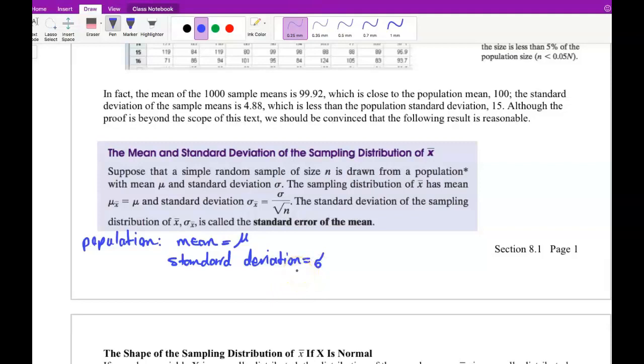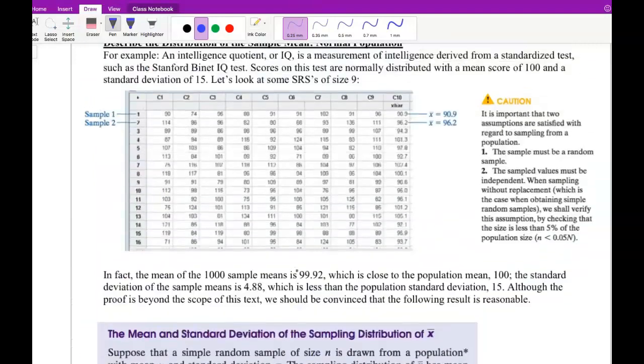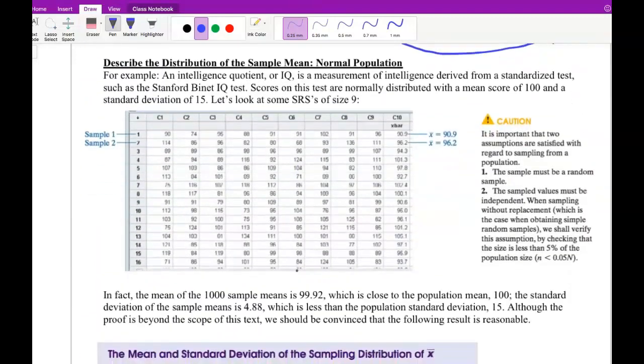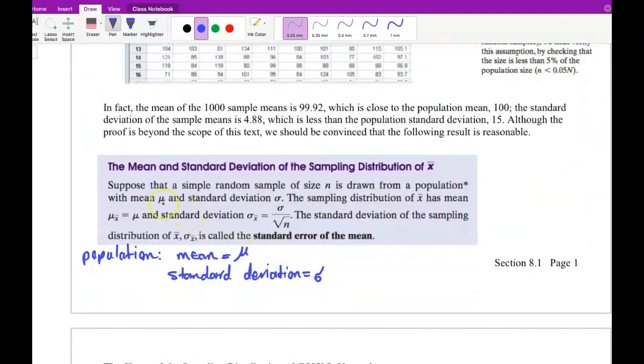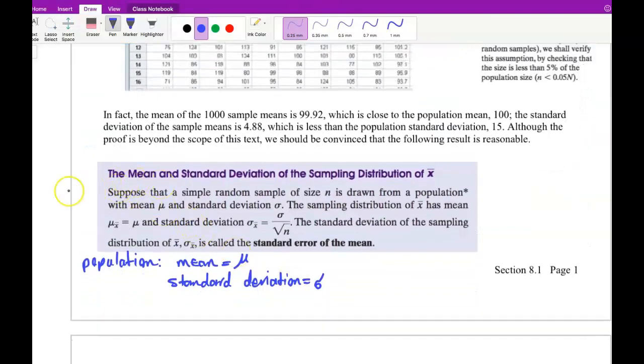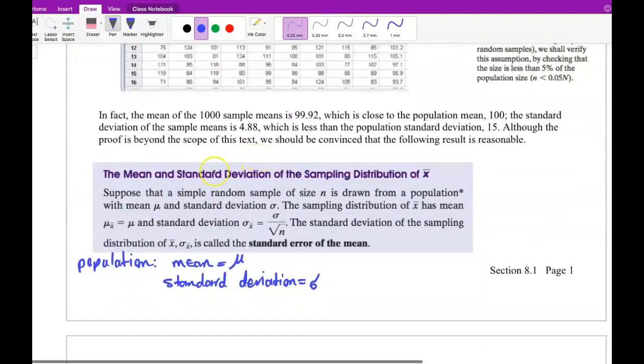Okay, I want to cover this part, and then we'll come back to this table.